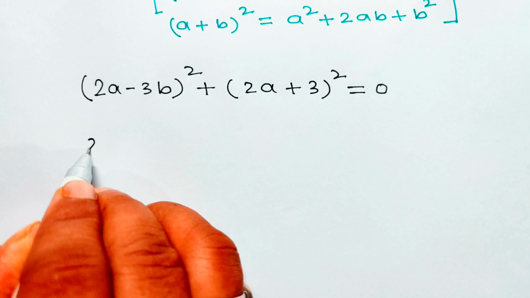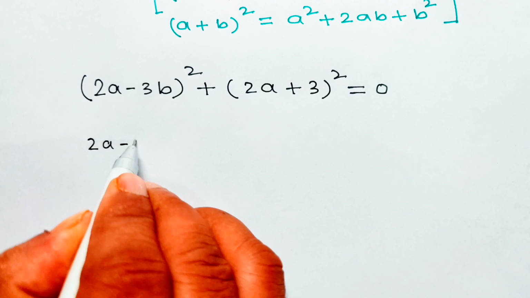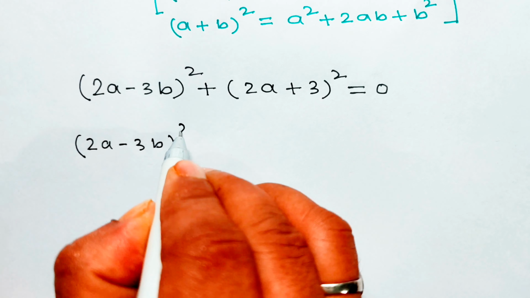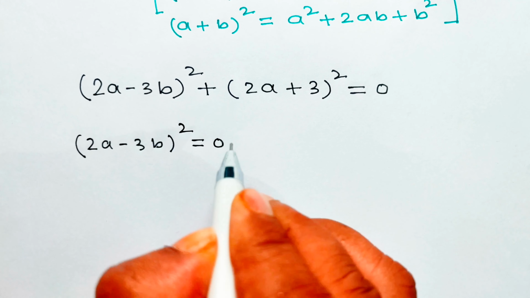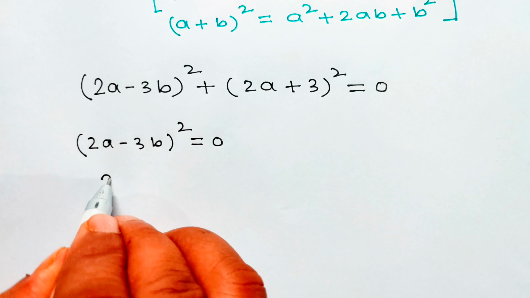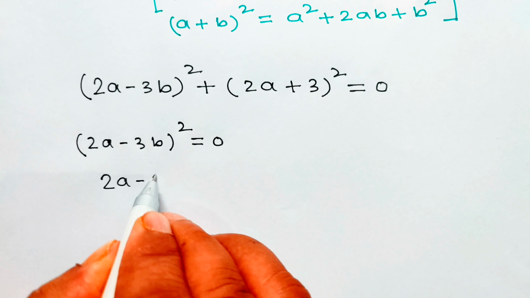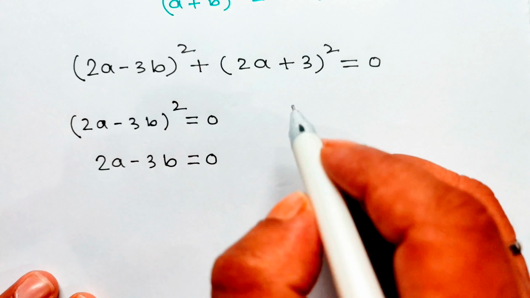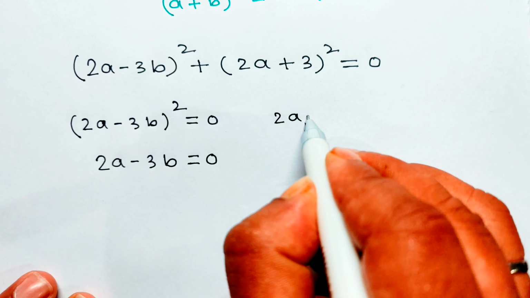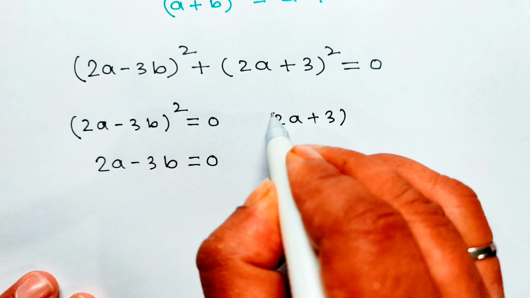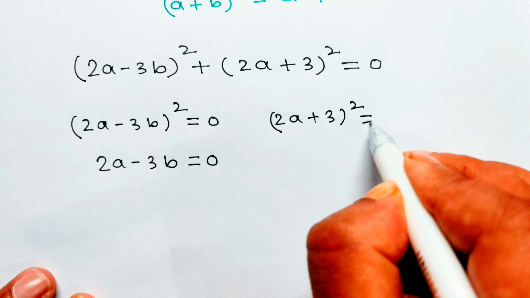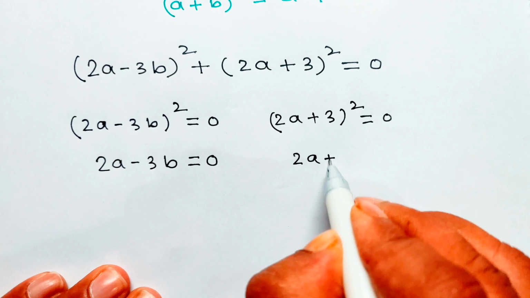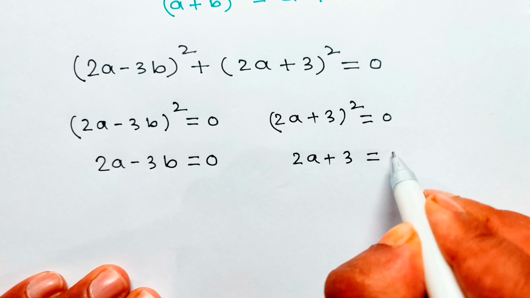That is (2a − 3b)² = 0, then 2a − 3b = 0, and (2a + 3)² = 0, then 2a + 3 = 0.